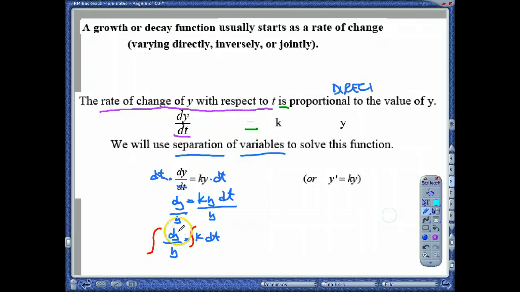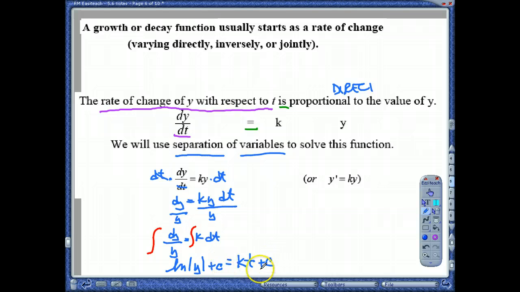The integral of dy over y is natural log of the absolute value of y. Now they have a plus c, some constant, but when I integrate the right side here, I don't have any t's. This is basically like 3 dt or 7 dt. k is just a constant, so when I integrate that, it's going to be kt plus c.